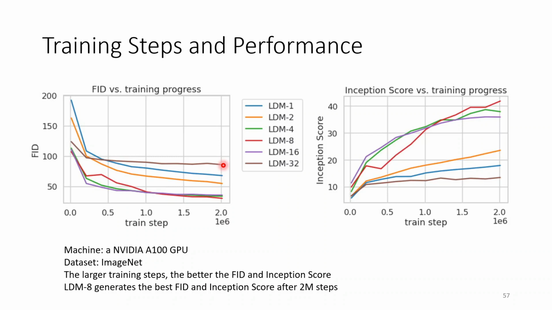But if you use a very small scaling factor, then it becomes a difficult problem for the diffusion model because there are too many pixels that need to be predicted by the diffusion model. So they show the two figures to show there is a trade-off, and it is important for them to pick a good scaling factor for their experiments.